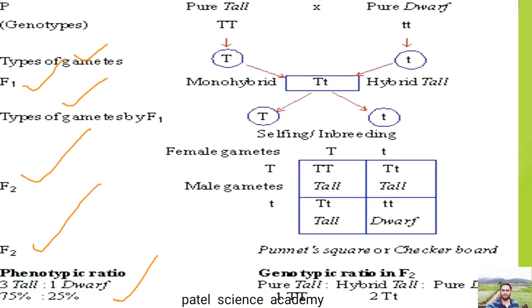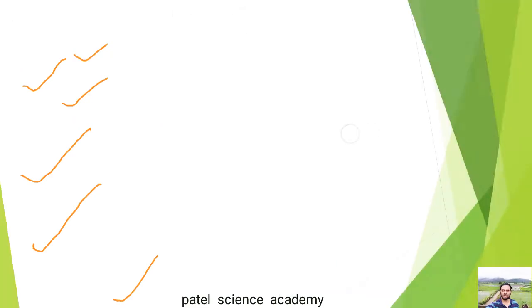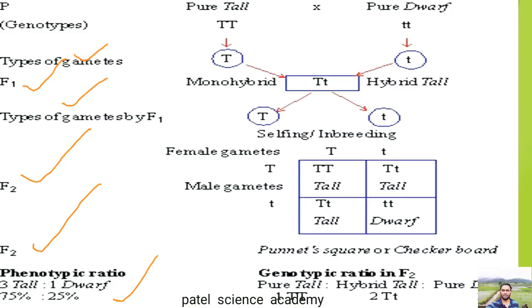As this cross is between two parents having a contrasting pair, this is one of the parents with pure tall height, and this is the pure dwarf parent with short height. These are the parents' phenotypes: pure tall and pure dwarf. What about their genotypes?